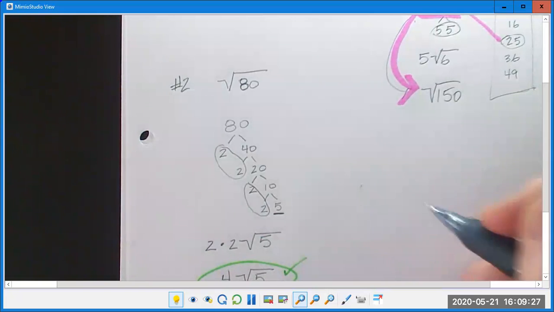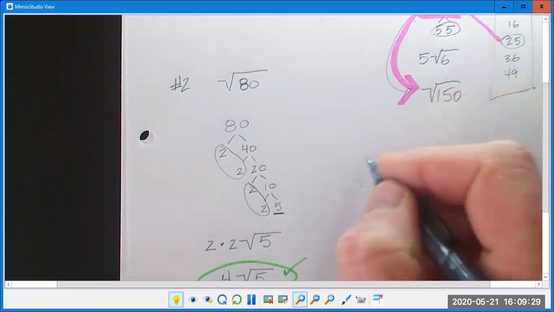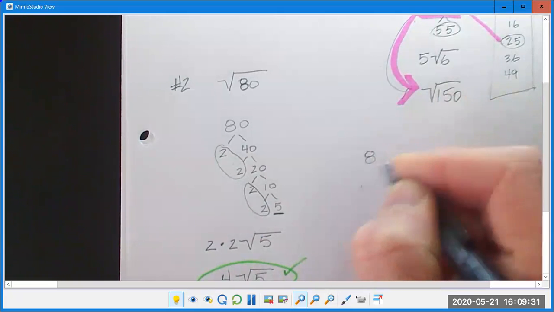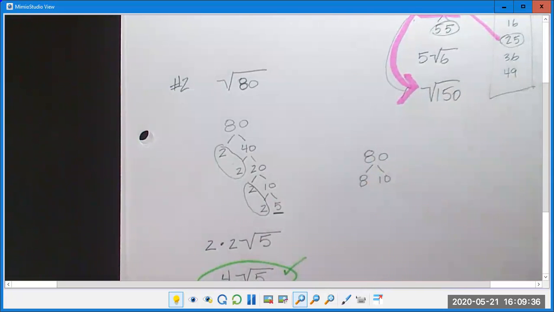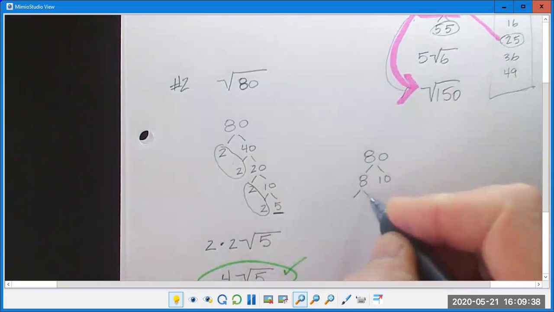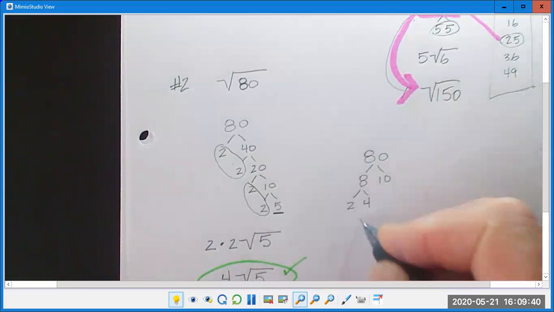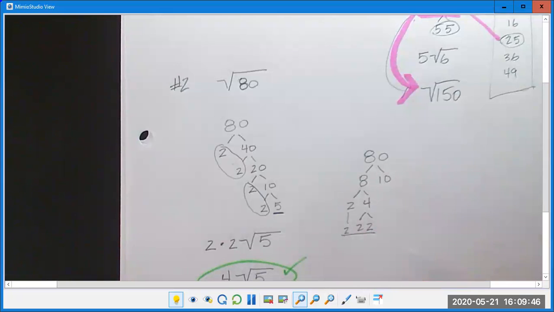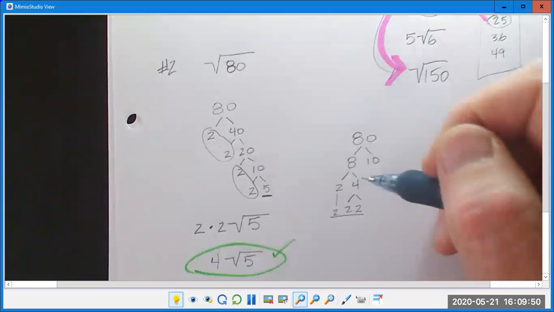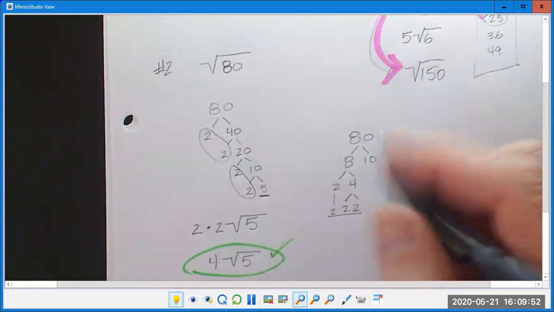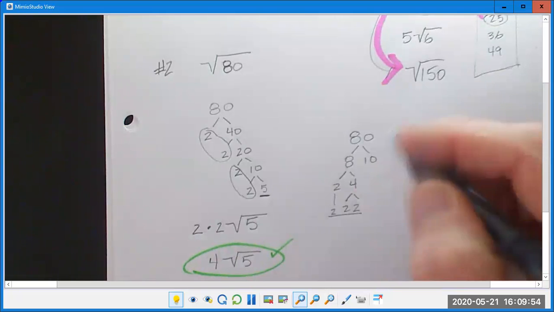There's a variety of different ways you could have chosen to do 80 as 8 times 10. Bigger numbers are great. 2 times 4, 2 times 2. And Miss Lovingood likes to bring that down. Okay. And that's the problem. As your trees get more involved, you can lose a number. It's very easy to lose a number.